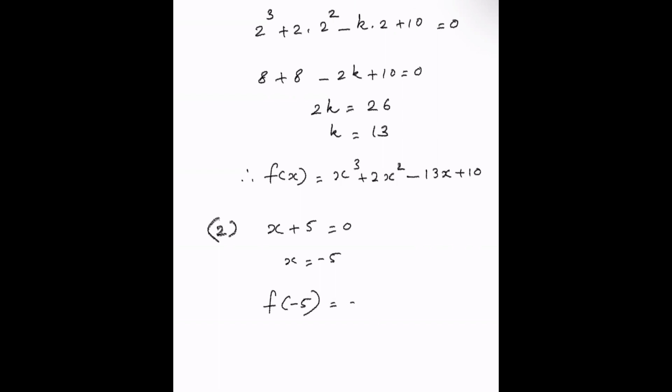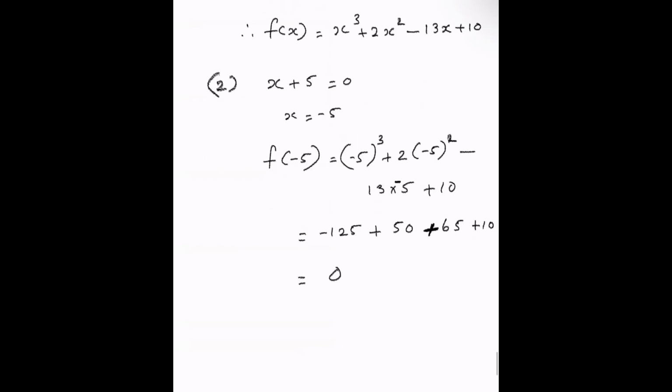That's all. So negative 5 the whole cube plus 2 into negative 5 square minus 13 into negative 5 plus 10. Negative 125 plus 25 into 2 is 50. It becomes plus 65 because negative 5 into negative 13 makes it plus 65.